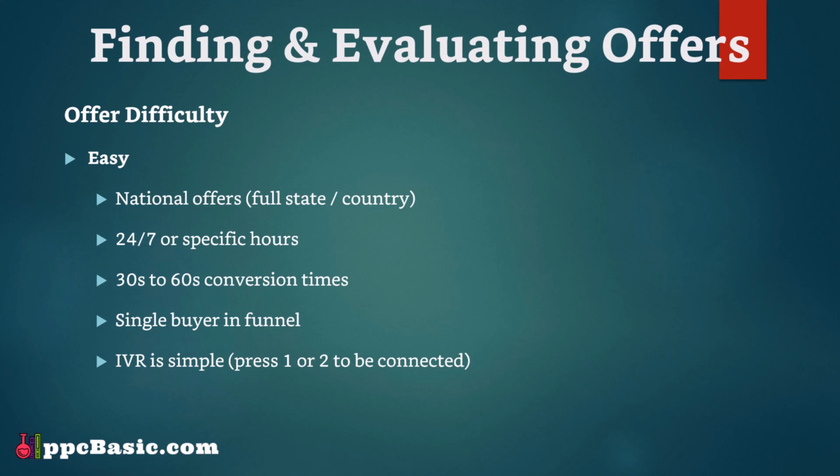Some travel offers are able to cover the entire country because they simply deal with selling things over the phone. And if they offer 24/7 or very specific hours, then it's an amazing offer to promote as well, because you have exact specific times that you can set up on Google Ads or Microsoft Ads that allow you to promote these offers. And typically a 30-second to 60-second conversion time is a great way to convert offers very easily.